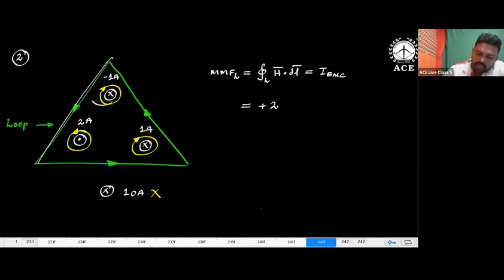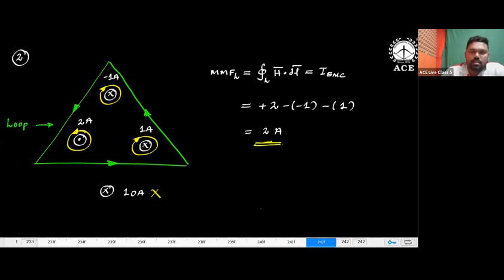Here the loop direction and magnetic field directions are opposite, so it is minus of -1. Here they are opposite, so it is minus of +1. So how much is this? 2 amperes is the answer. Clear?